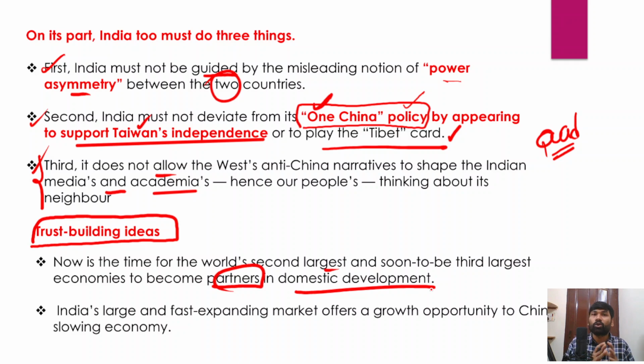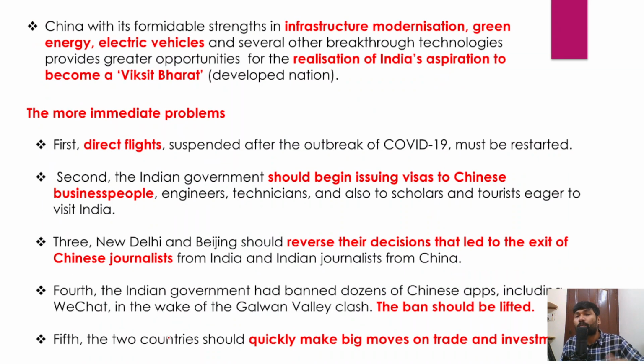And in fact, the author has been suggesting that India's large and fast-expanding market offers a growth opportunity for China's slowing economy, particularly in the backdrop of the trade war between the US and China and Trump's re-election. So that could further fuel trade war fears.